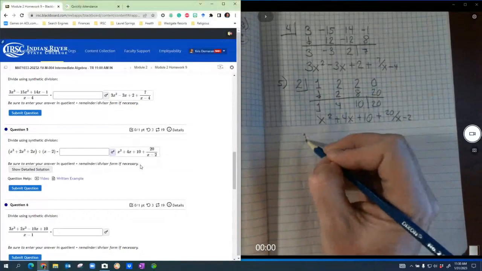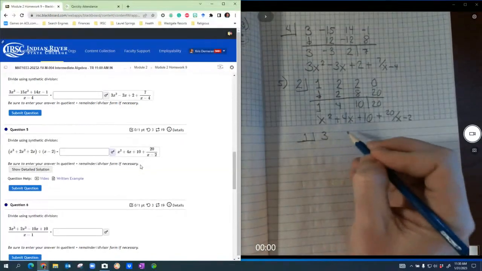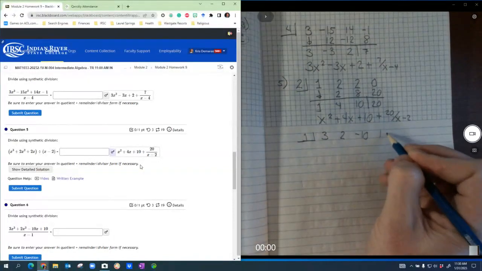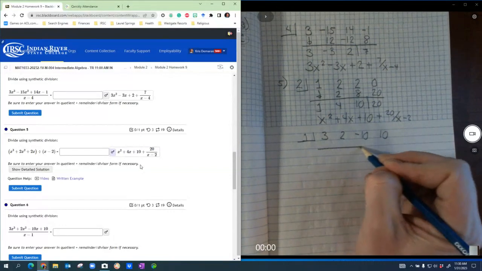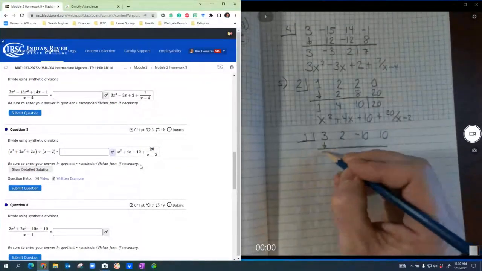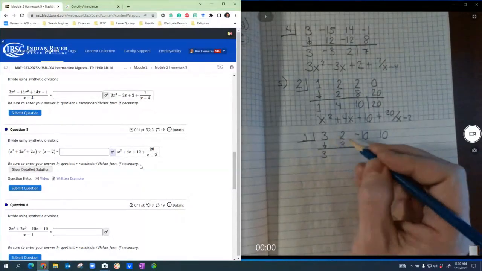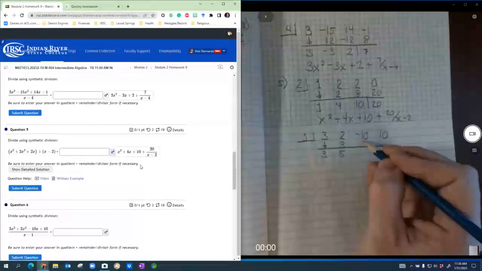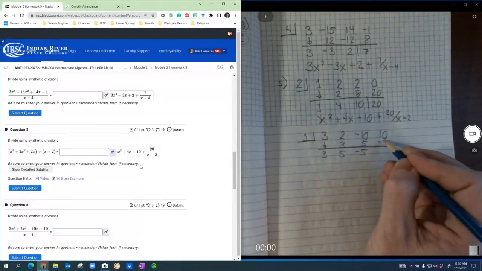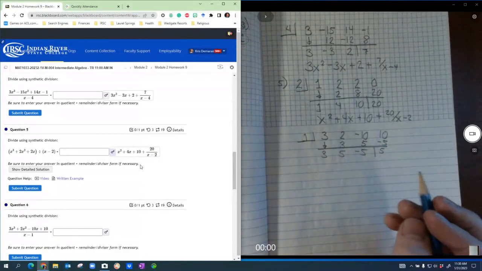Now we have positive 1 for our divisor. 3, 2, negative 10, okay. And then we go ahead and put a line, drop, multiply, add, multiply, add, multiply, add, and then go remainder.